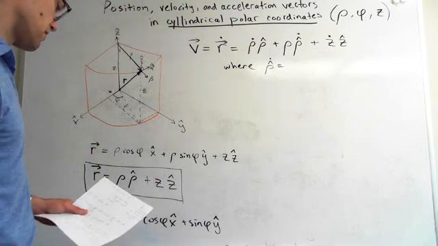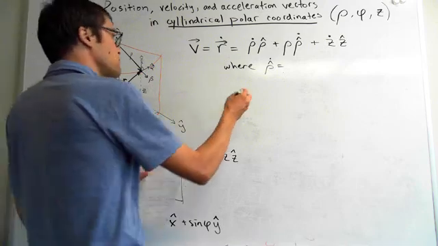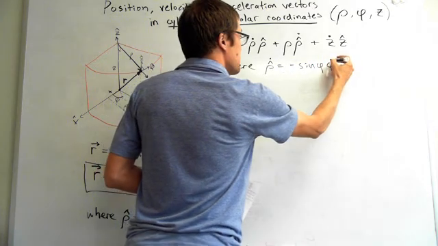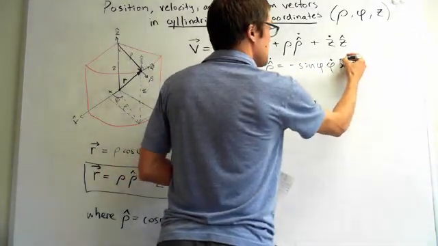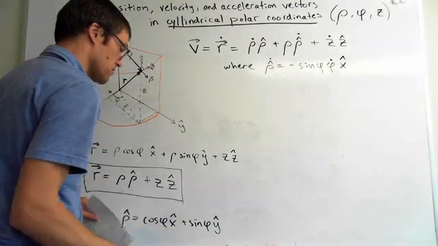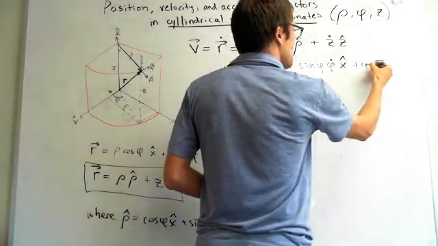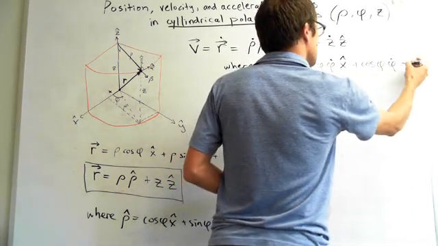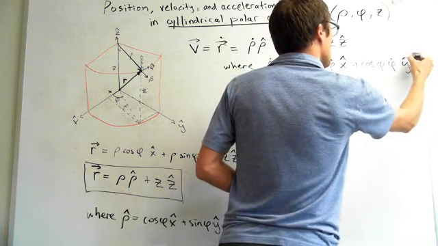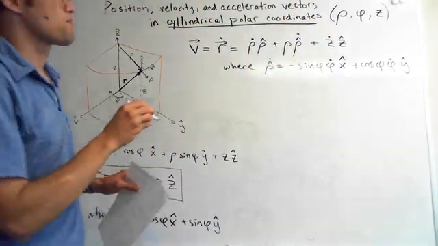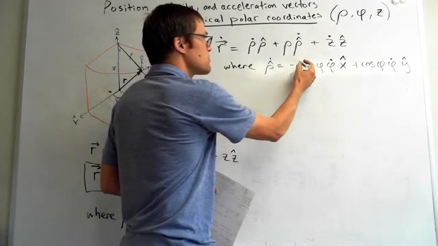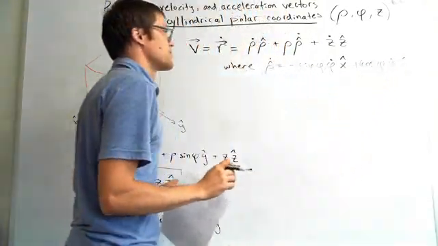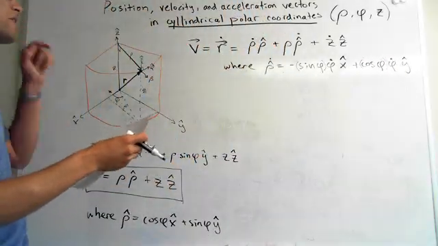So one time derivative of that thing is minus sine phi times phi dot x hat, and there's no time derivative of x hat, plus cosine phi times phi dot y hat. And just to be clear, these are multiplied: cosine phi times phi dot, sine phi times phi dot.